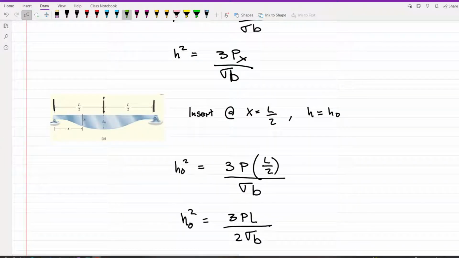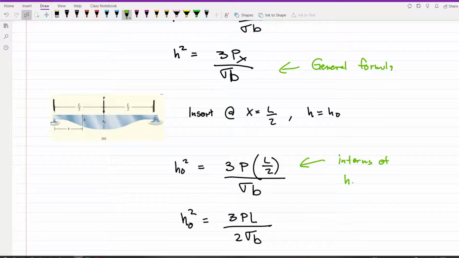Ngayon, kung titingnan natin, ito yung general formula. Ito ay in terms of HO and L. So, ito ay kapag alam mo yung, ito sakto lang to dito sa point na to.